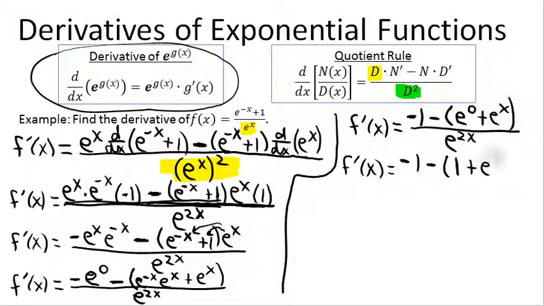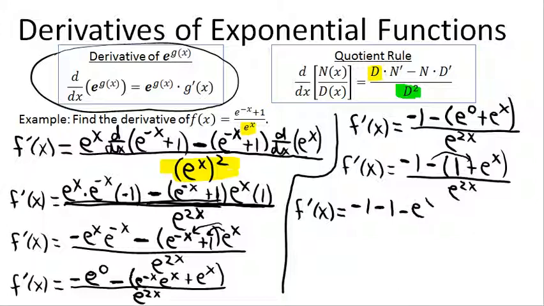Let's do a better job on that. All over e to the 2x. Now I can distribute and get rid of the minus sign. So I get f prime of x is minus 1, and then distribute the minus across there as well, and I get minus e to the x all over e to the 2x.